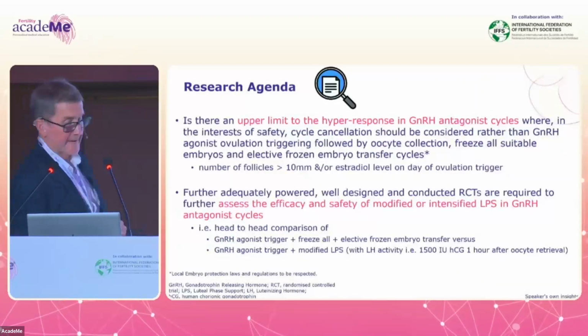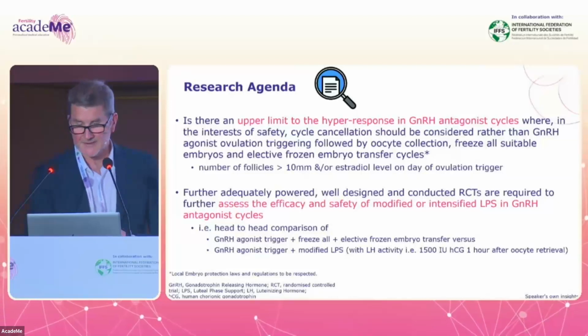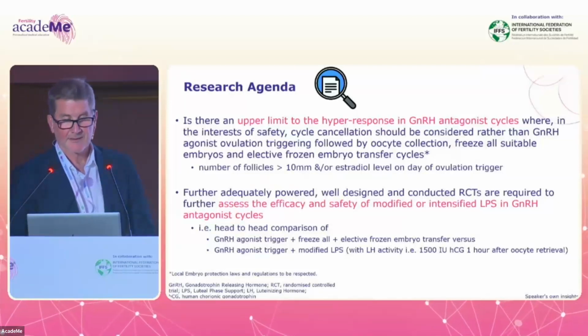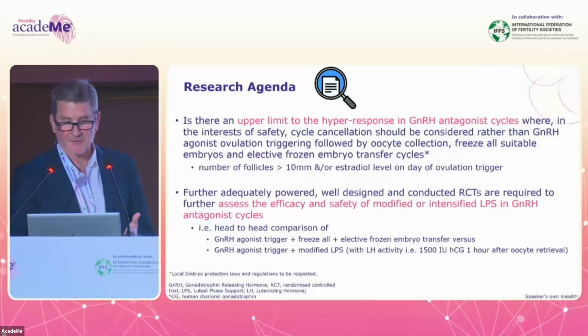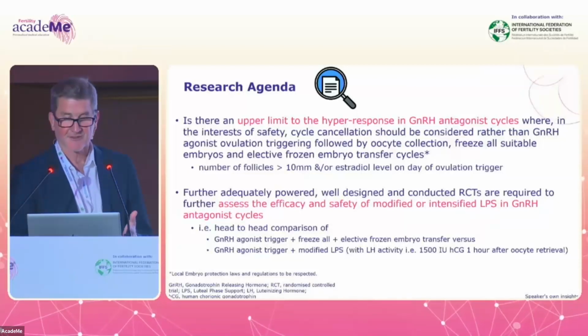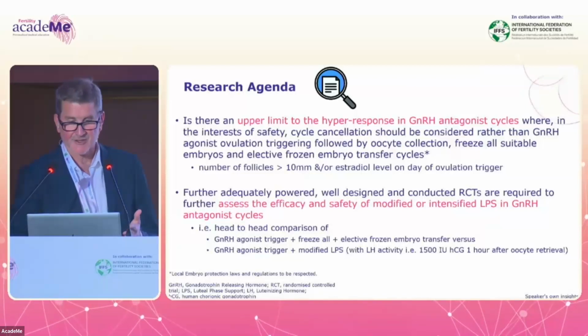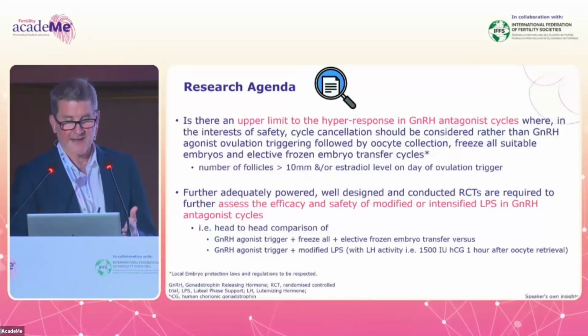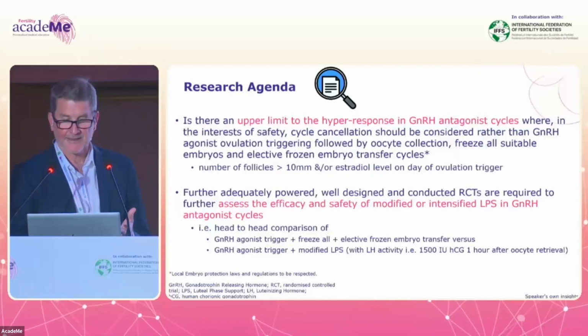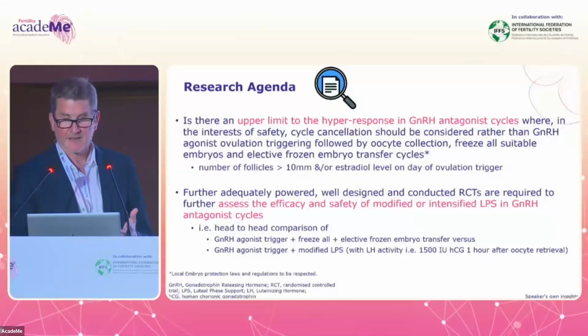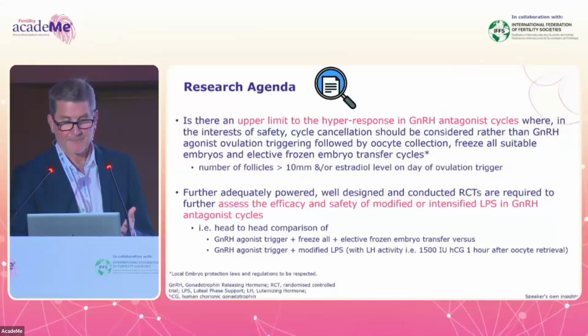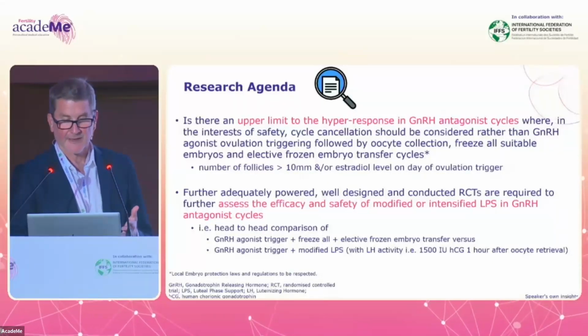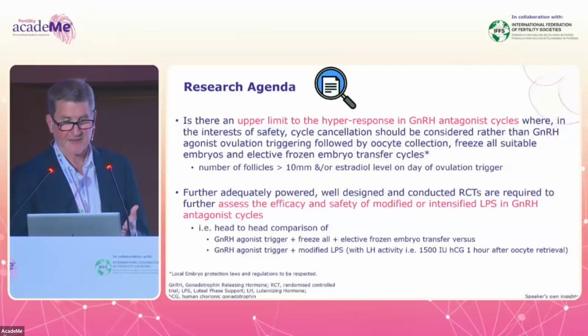Moving on to where I think future research probably needs to be directed. First of all, is there an upper limit to the hyper-response in GnRH antagonist cycles where, in the interest of safety, cycle cancellation should be considered rather than an agonist trigger followed by egg collection, freeze-all embryos and an elective later frozen embryo transfer cycle? And if so, based on how many follicles and estrogen levels?